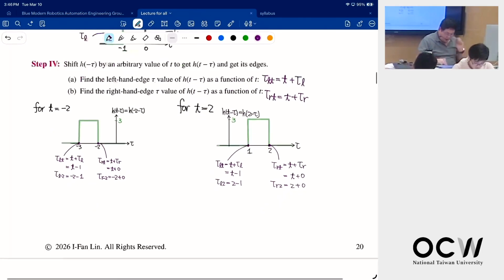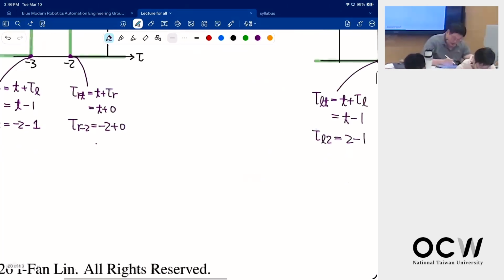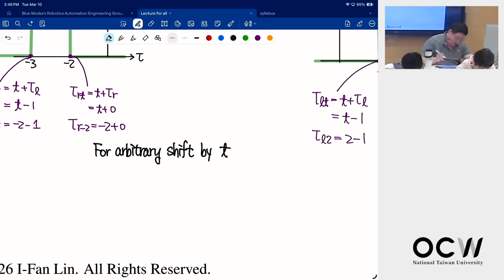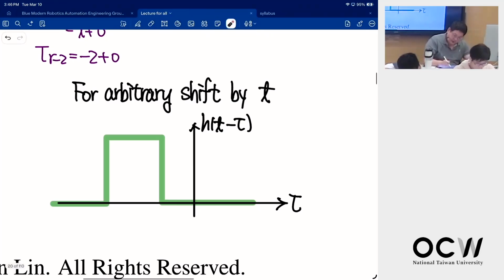How about just an arbitrary shift by t? So if I shift just by t, suppose it looks like this, how do you express these 2 points?